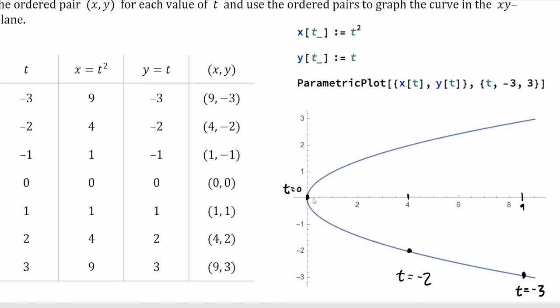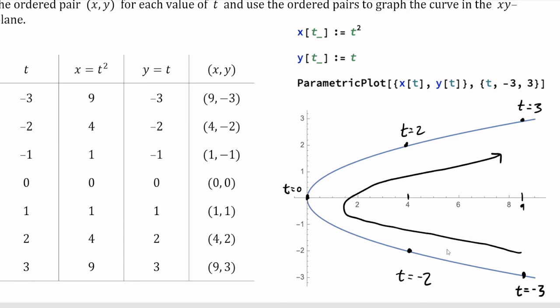So I'm wrapping this way. And as t gets positive, now the x's are going to start increasing again. The y's will increase again. And I end up eventually here as t equals 2, and up here as t equals 3. So I'm going this way as t increases, going up this way and through there. So it's a valuable thing to be able to kind of think through this, right?